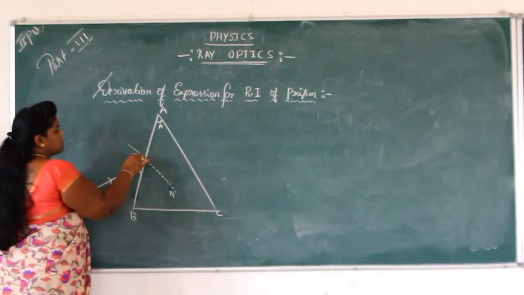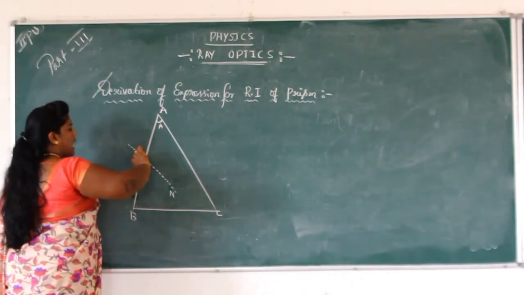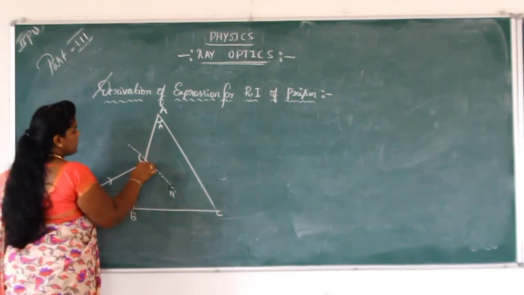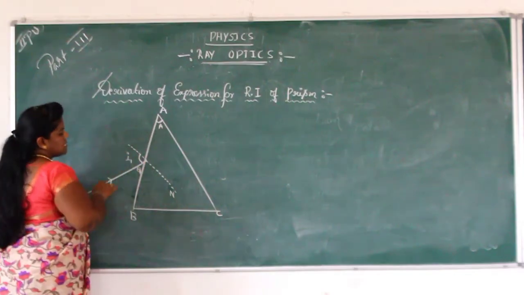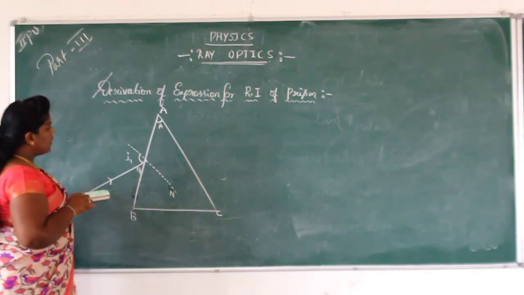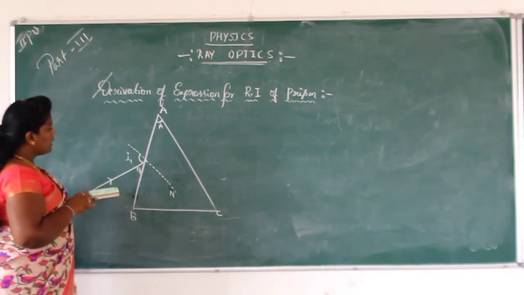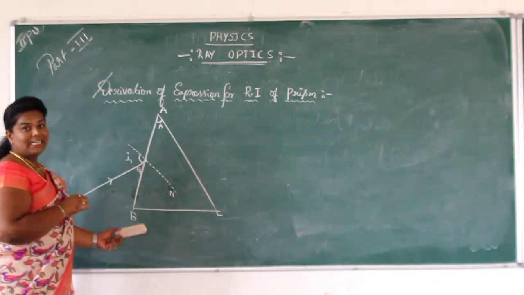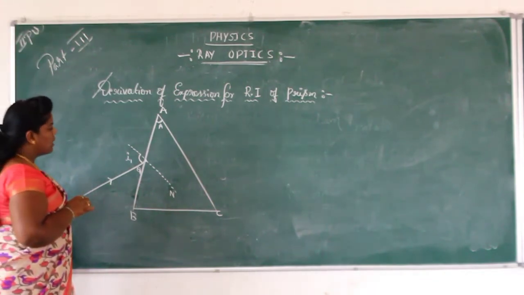The angle between the normal and the incident ray is called the angle of incidence, represented by I1. When the ray of light travels from one medium to another medium, it undergoes refraction.